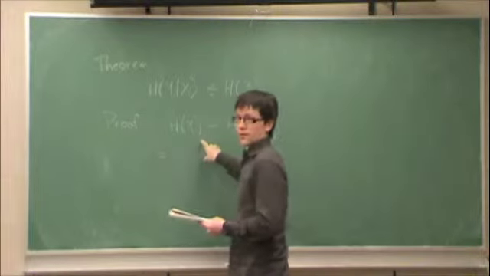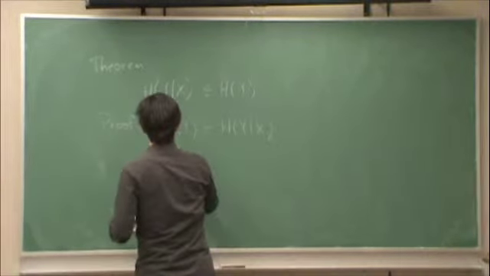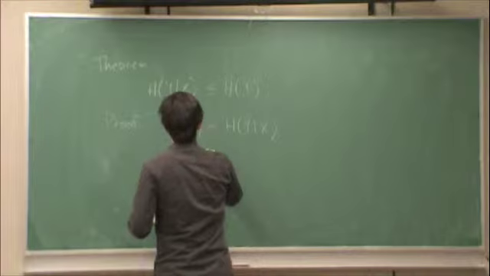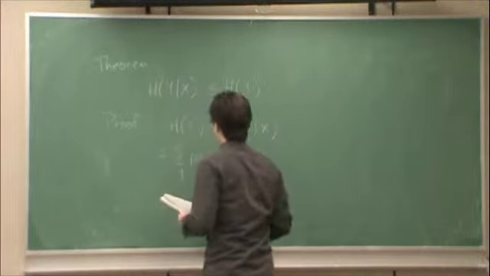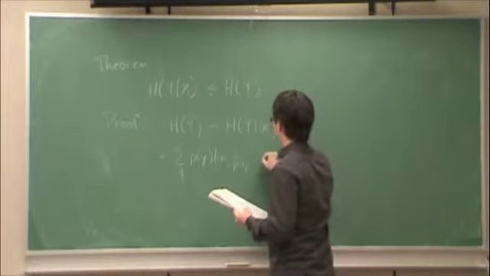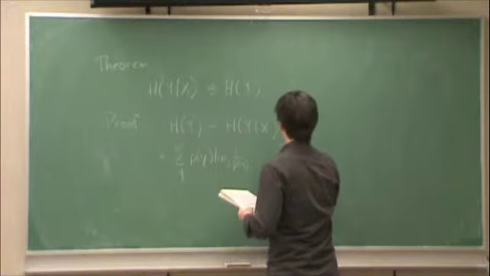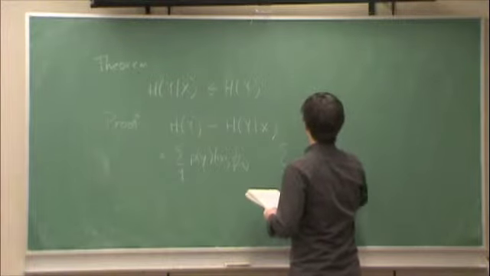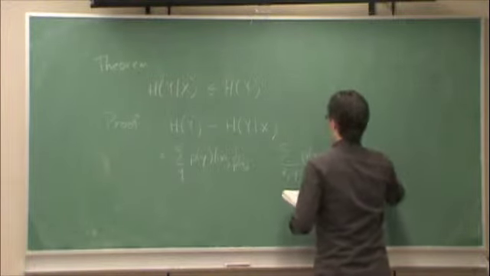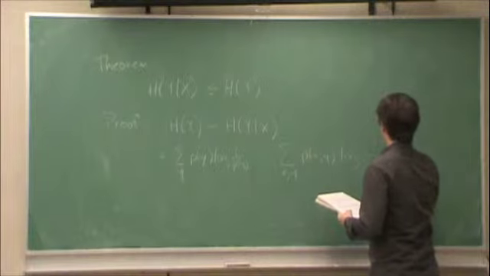Let's substitute for the entropy here. This is the sum over all possible values of y, p of y log 1 over p of y, minus the sum over all values of x and y of p of x and y log 1 over p of y given x.